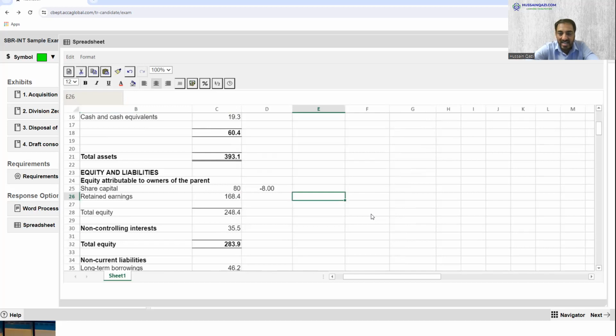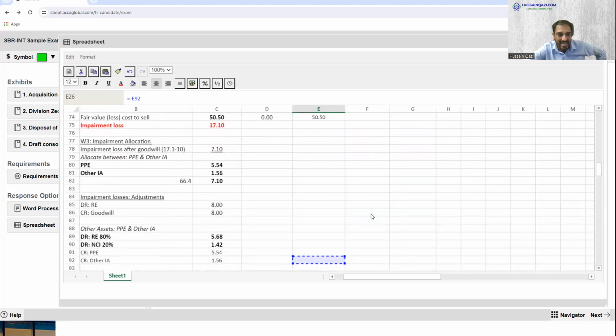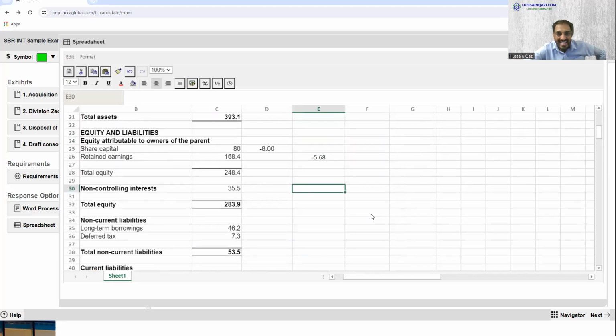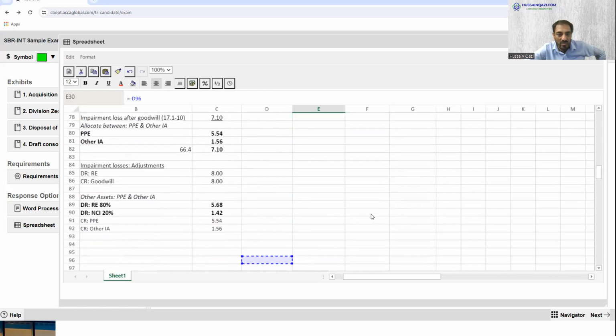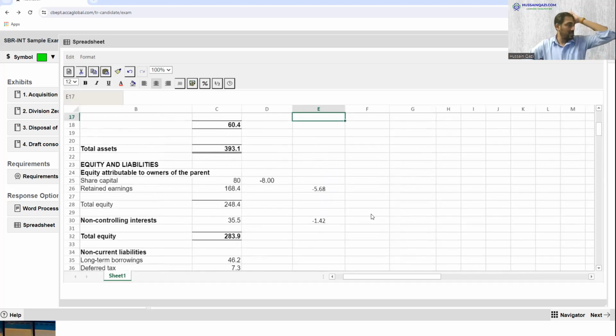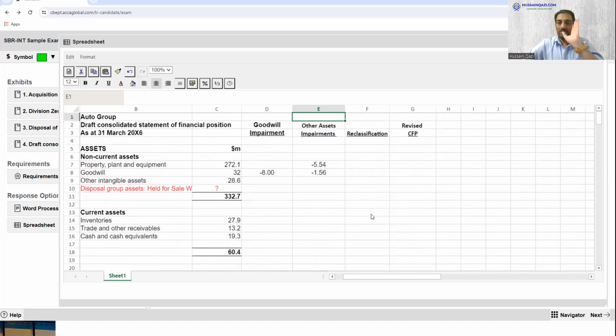Retained earnings should be reduced, minus 5.68. NCI should be minus. Be careful what should be the minus, what should be the plus. So all other assets closed. Goodwill closed with adjustment.